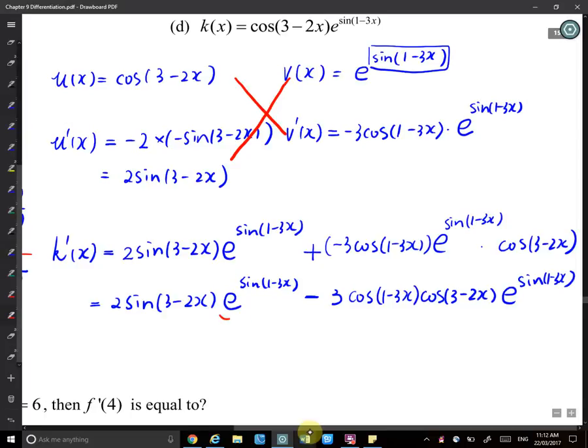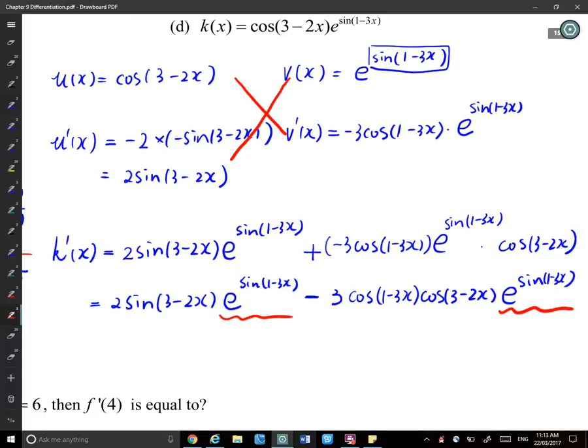If you like, you can take a common factor for e to the power of sine 1 minus 3x, but it's not necessary. That's how we use product rule.